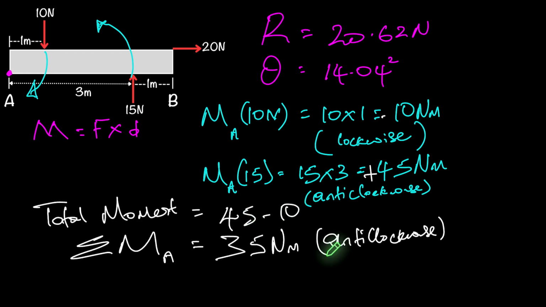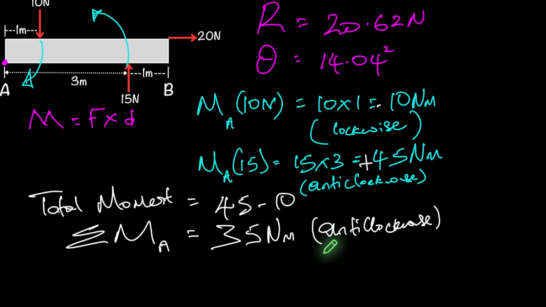So the sum of the moment about point A would be equal to 35 Newton meters, and that's anti-clockwise. So at this point we can now replace the entire system with an equivalent force couple system at point A.